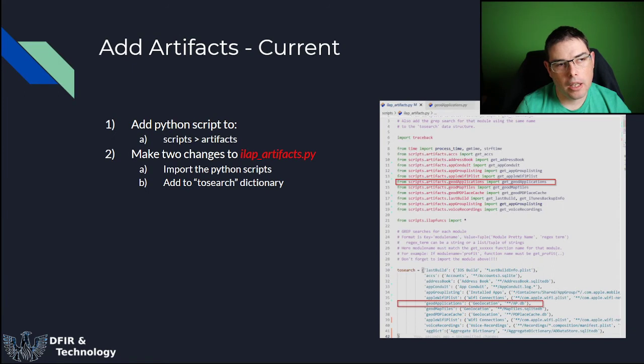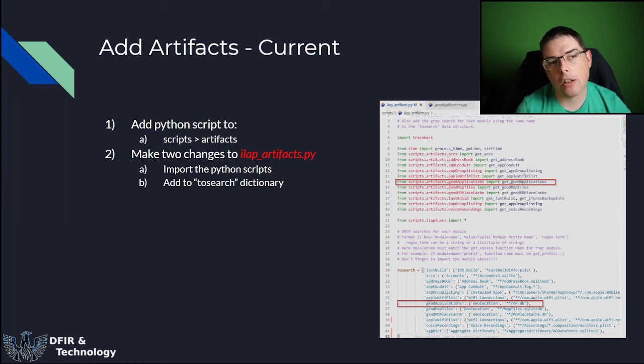And then to add an artifact, right now, if you were to go to iLEAPP and add an artifact, you would have to do these two things. One is you add a Python script to the folder scripts/artifacts, and you'll make two changes to the iLEAPP_artifacts.py. The two changes, which I've highlighted for the GeoD applications artifact that I previously showed, are that you'll have to import it, and you're going to have to add it to the search dictionary at the bottom.